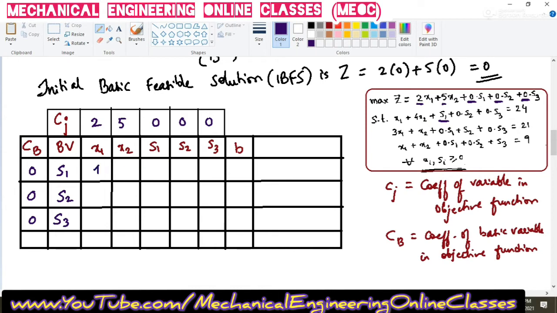So it is 1 into x1 plus 4 into x2 plus 1 into s1 plus 0 into s2 plus 0 into s3 is equal to 24, where b is 24, which is our first constraint. So we have written the first constraint here: 1 into x1 plus 4 into x2 plus 1 s1 plus 0 s2 plus 0 s3 is equal to b. b is nothing but the resource, which is 24.